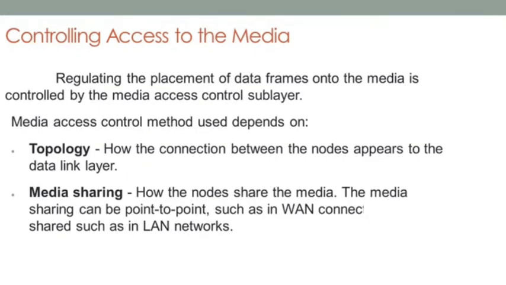Controlling access to the media. The topology is how the connection between the nodes appears to the data link layer. Media sharing is how the nodes share the media. Media sharing can be point-to-point, such as in a WAN connection, or shared, such as in LAN networks.